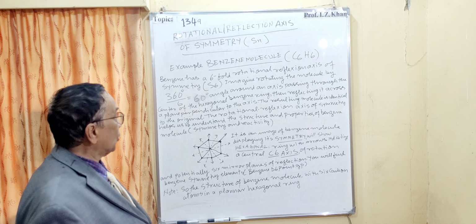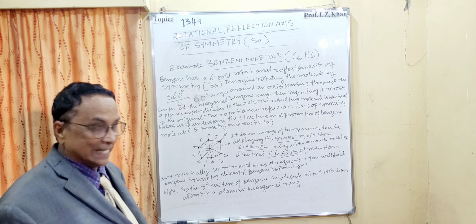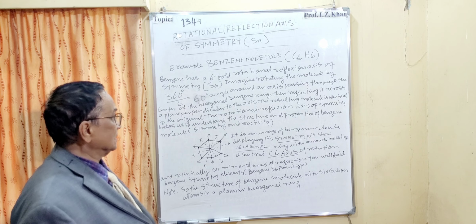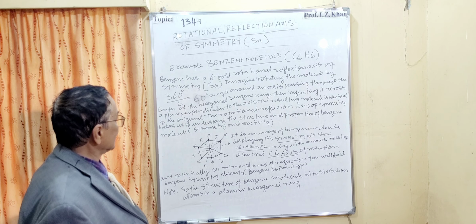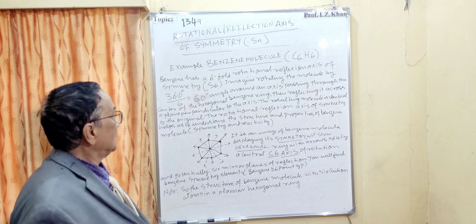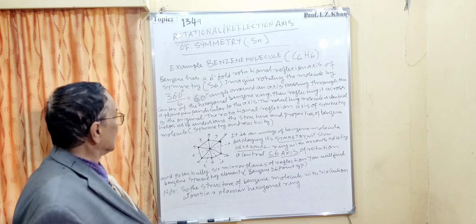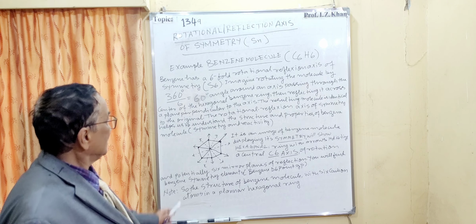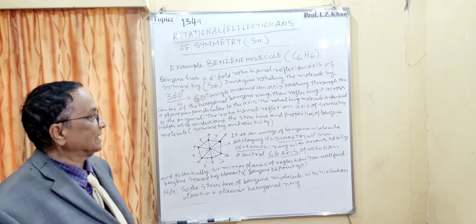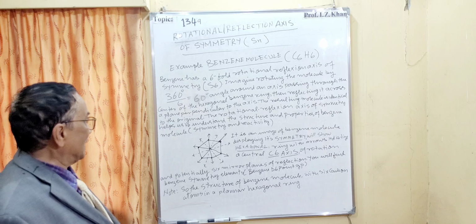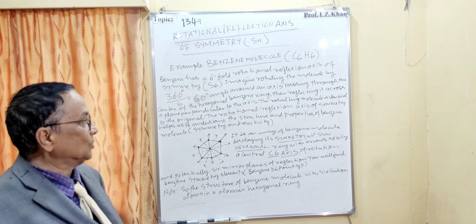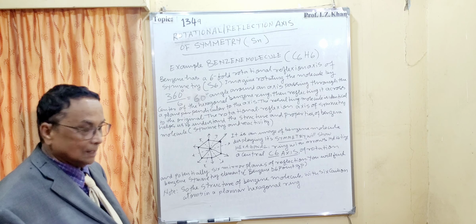Benzene has a six-fold rotational reflection axis of symmetry, that is S6. Imagine rotating the molecule by 360 divided by 6, which gives an angle of 60 degrees, around an axis passing through the center of the hexagonal benzene ring, then reflecting it across a plane perpendicular to the axis. The resulting molecule is identical to the original.